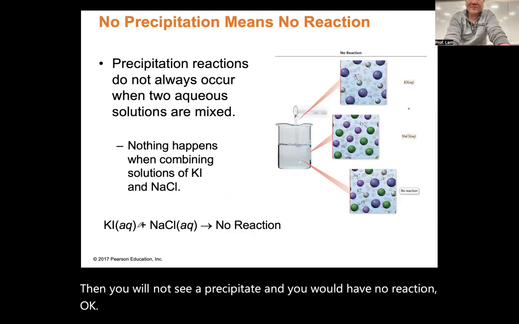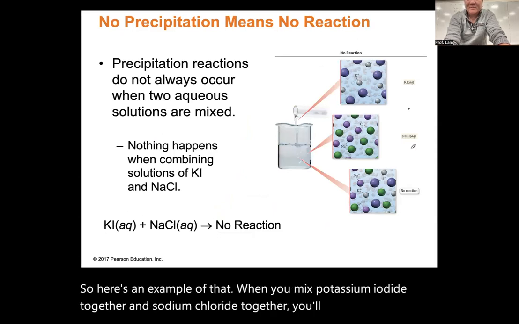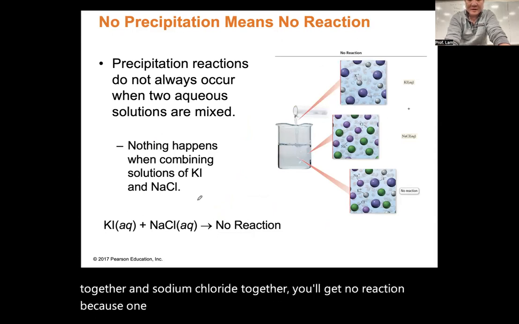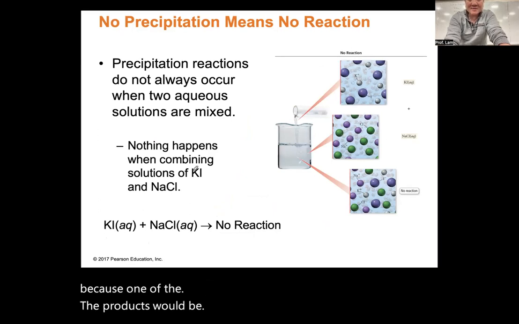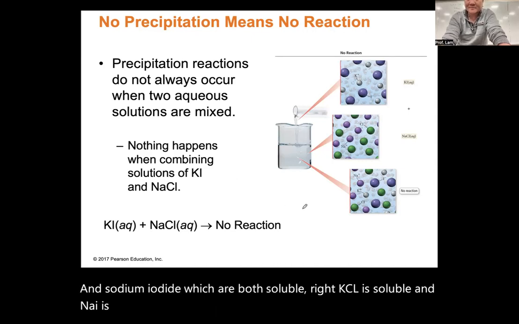So here's an example of that. When you mix potassium iodide together and sodium chloride together, you'll get no reaction because the products would be potassium chloride and sodium iodide, which are both soluble.